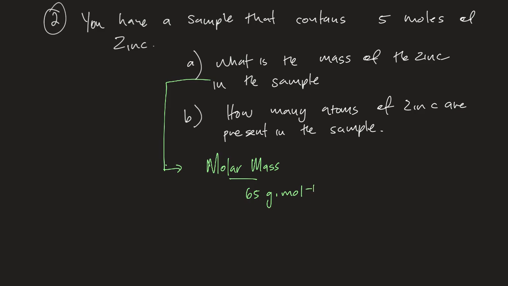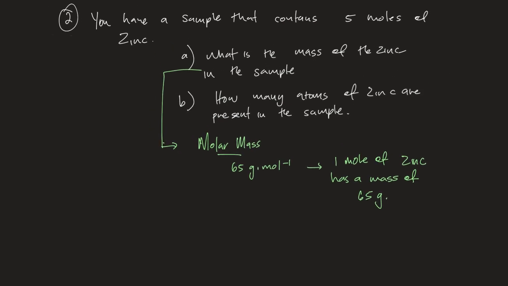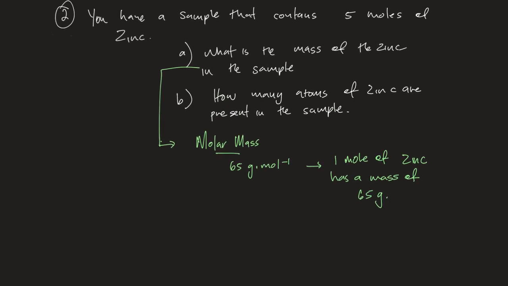That means that 1 mole of zinc has a mass of, remember the theory, 65 grams.